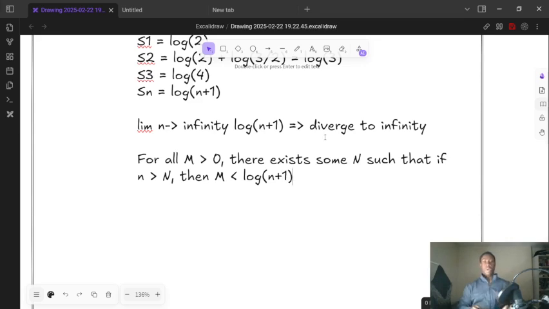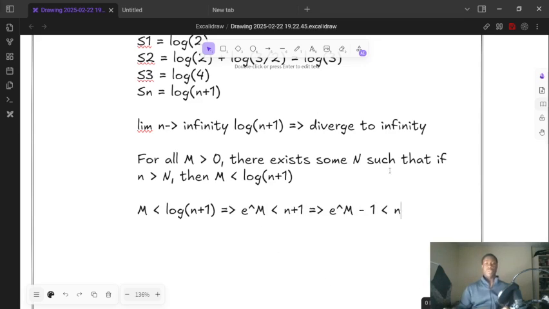We can write that proof fairly simply by starting from what we want to show and working backwards. If m is less than log of n plus 1, it implies that e to the m is less than n plus 1, which then implies that e to the m minus 1 is less than n.